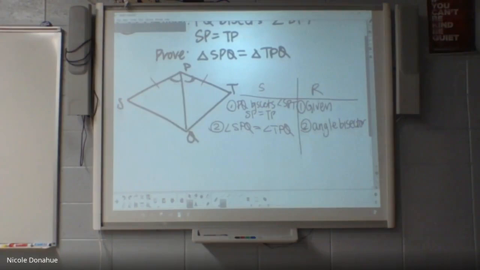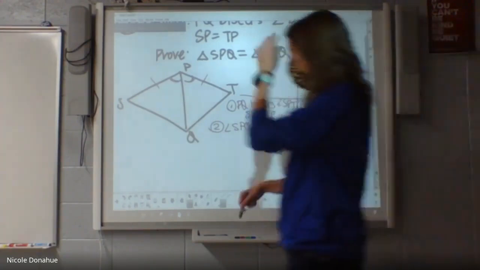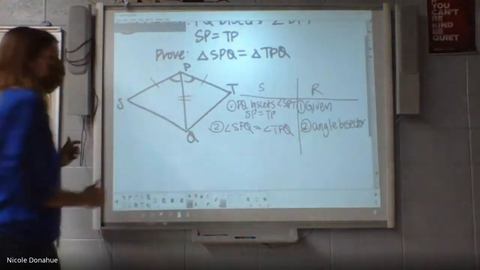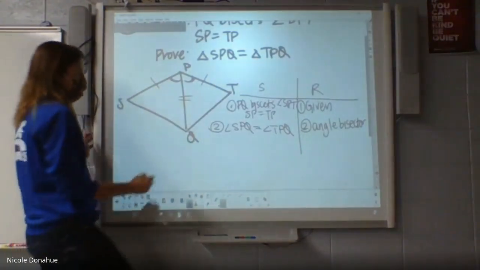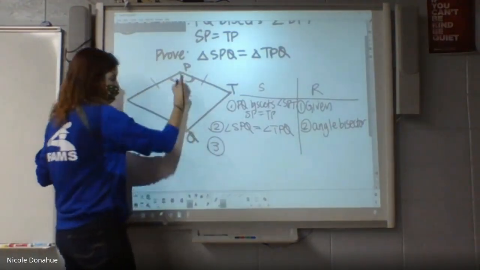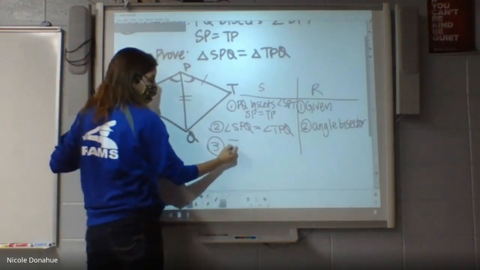Now that I have that, I want to figure out what else we know. So hopefully you guys see that there's something pretty glaringly obvious that we know about this shape, is that we have that side that's shared. So that shared side, I do have to mention that though. So I'm going to mention the fact that this side is shared with itself.